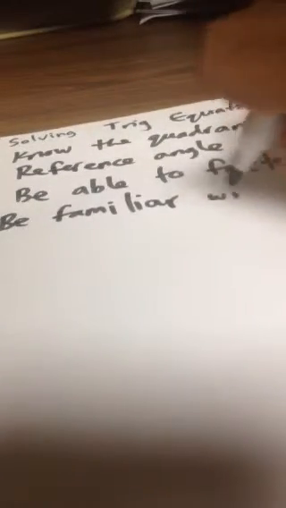In a few of the earlier examples, it was very helpful for us to be familiar with the sine and cosine curves. It helped us to obtain solutions a lot faster. So be familiar with the sine and cosine curves.